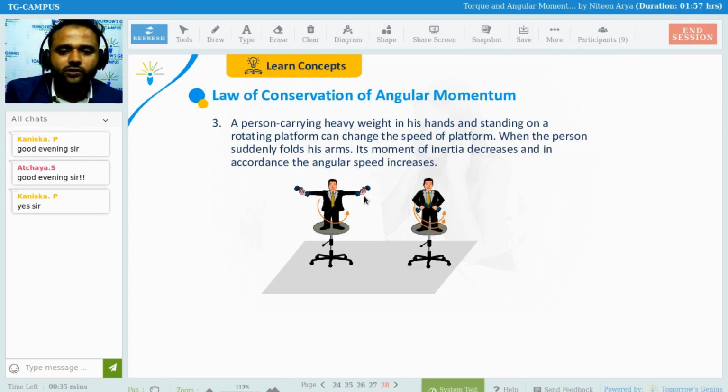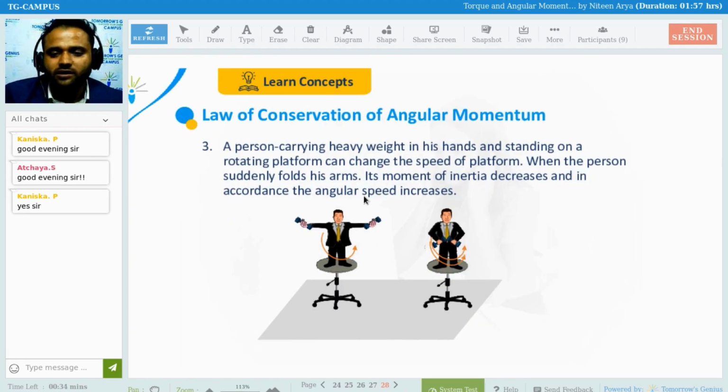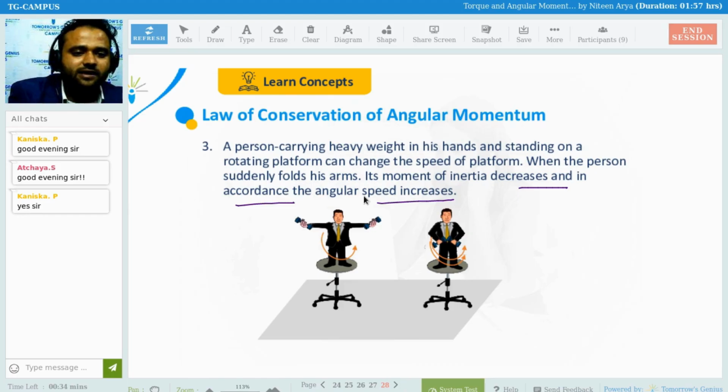When the person suddenly folds his arms, his moment of inertia decreases, and accordingly the angular speed increases. Is this clear? So these are basically examples of the law of conservation of angular momentum. Nothing more than that. Got it?